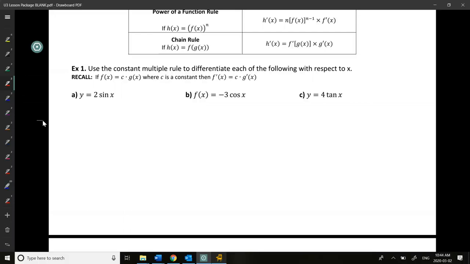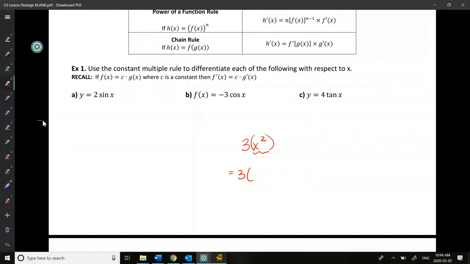Keep the constant multiple and differentiate the function that's next to it. So for instance, when you did something like 3x squared previously, we kept the 3, and then we just take the derivative of x squared, we get 2x, and then we multiply it together.